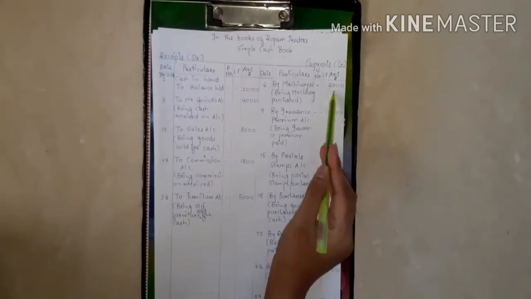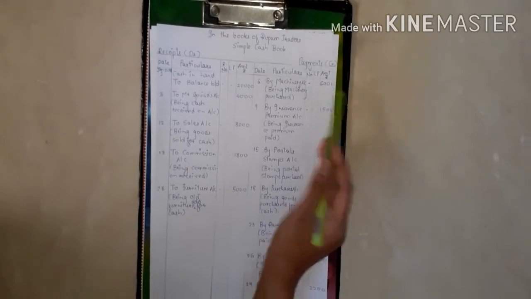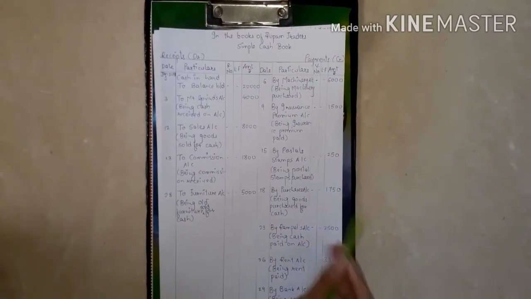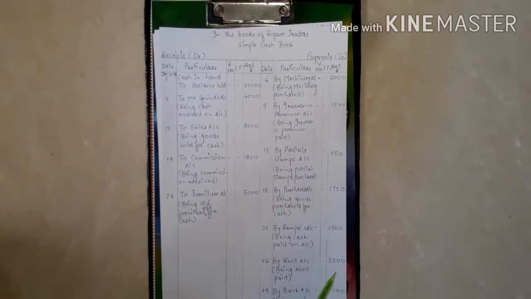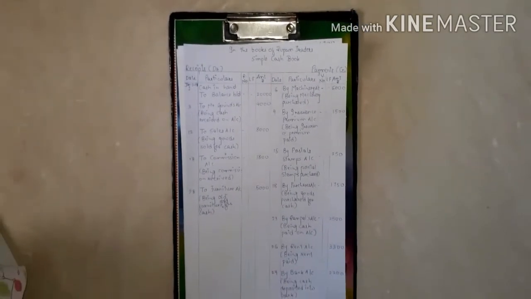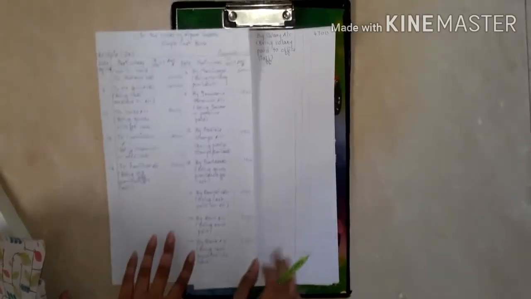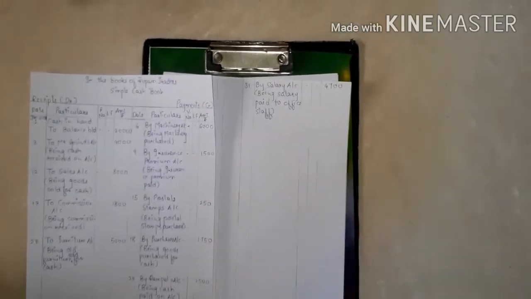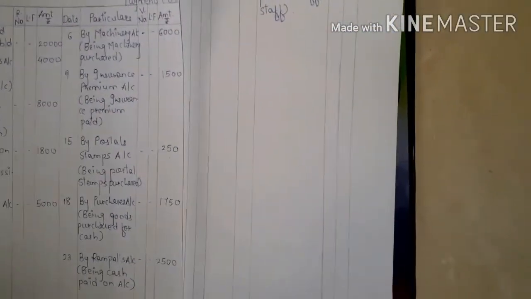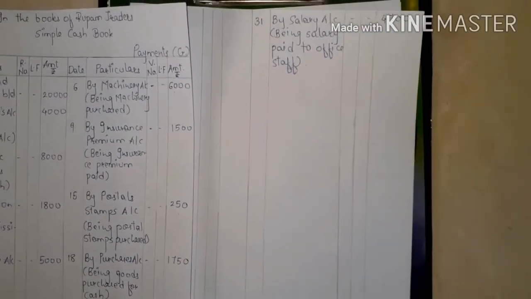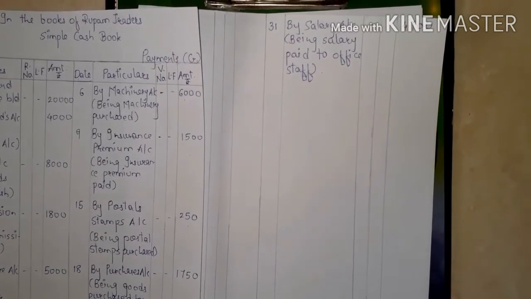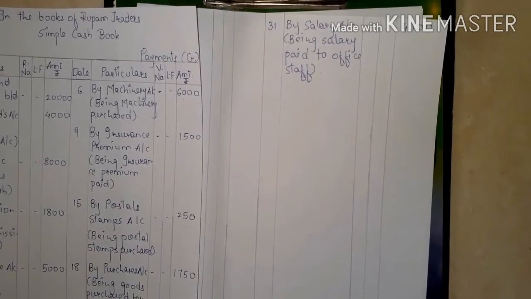So in payment side, firstly you have to calculate 6,000, 1,500, 250, 1,750, 2,500, 3,300, 2,200 and 4,700. So after adding up the payment side and the receipt side, just compare the difference between both.